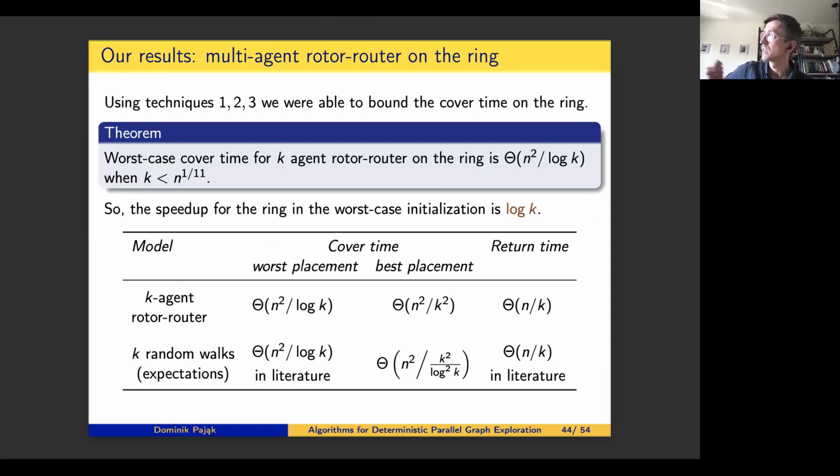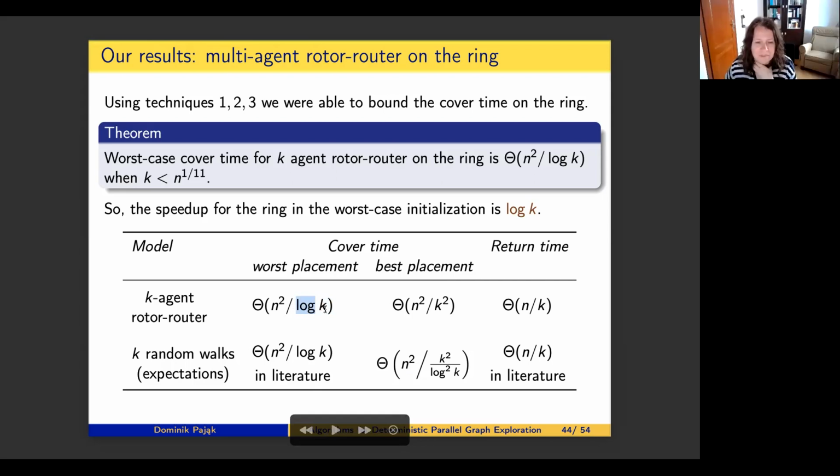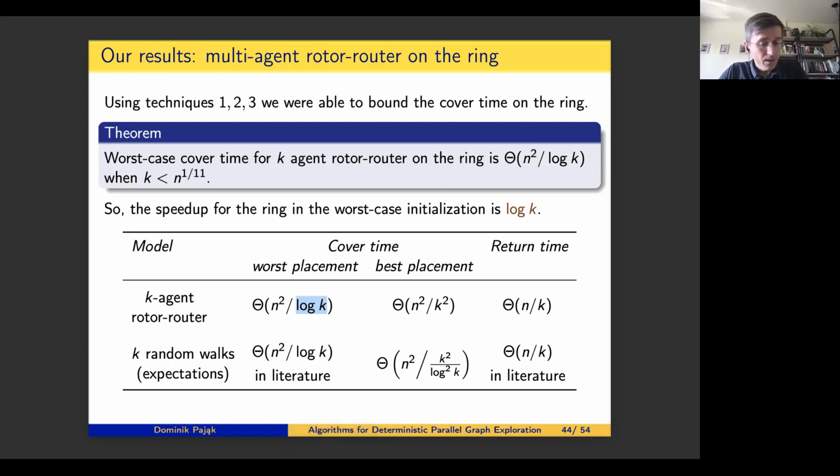So if we want to explore paths using multiple rotor-routers, you have this log k speed up. It's slightly faster than using a single agent, because with a single agent rotor-router, the time is n square. If you have k of them, it's n square over log k. It's a very small speed up, but still it is something.